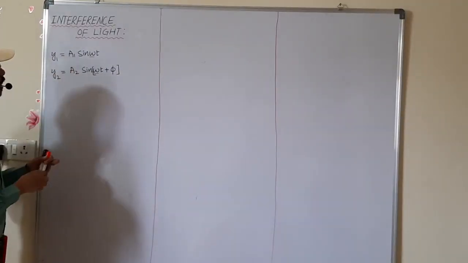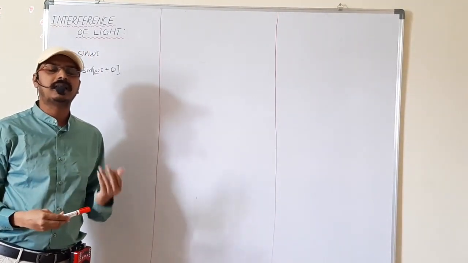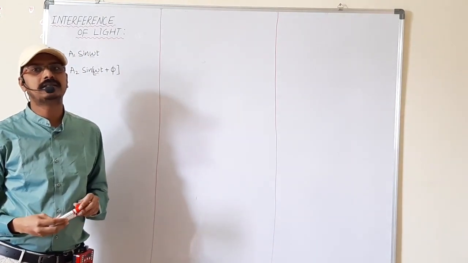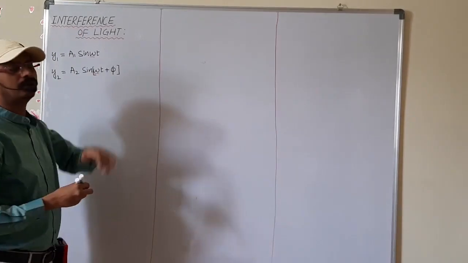After superposition, at some points the intensity is maximum, at some points the intensity is minimum. According to that, we can discuss the types of interference.